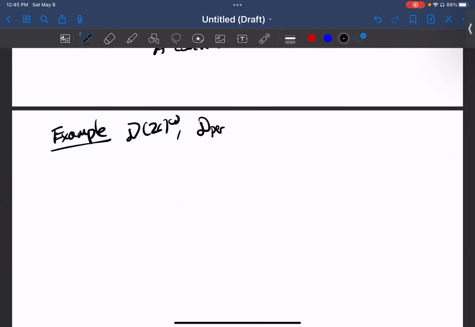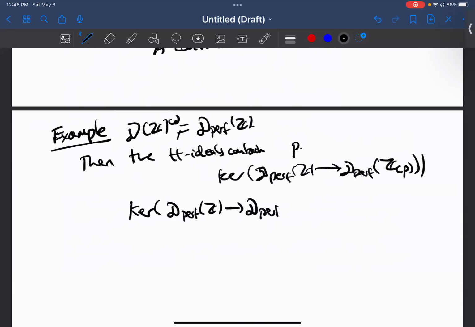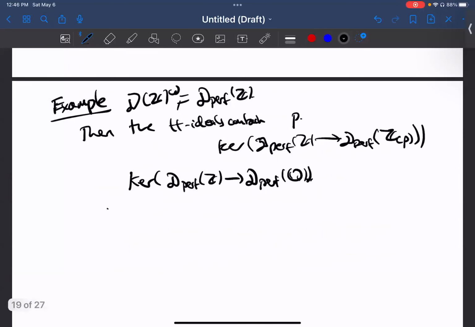So these are perfect complexes in Z. Then the TT ideals contain, as our primes, for every prime P, we can take the kernel of dperf of Z mapping to dperf of Z localized at P. And this is going to give us a prime ideal corresponding to P. And we can also have the kernel of mapping to Q. These are exactly the primes showing up from the spectrum of Z. And these are all of them.